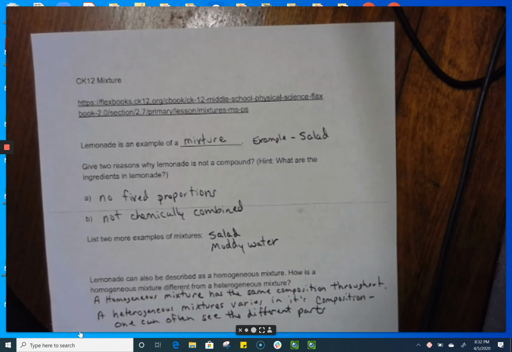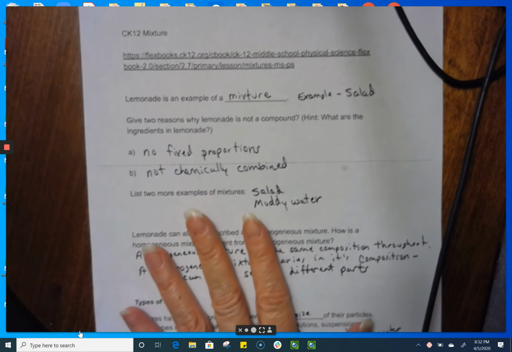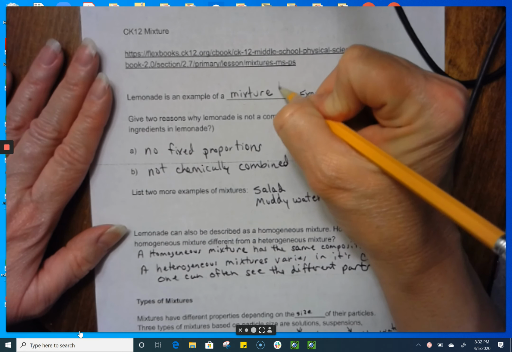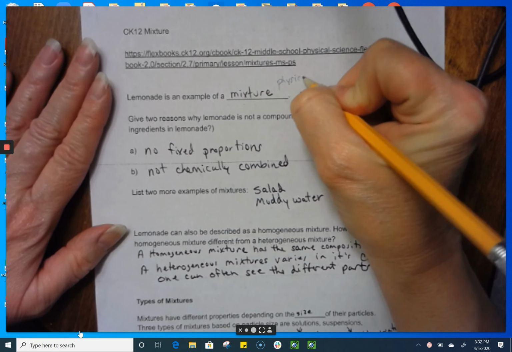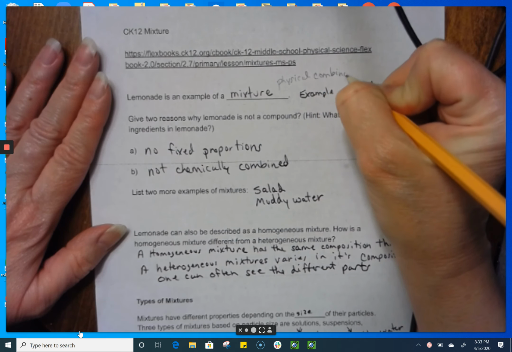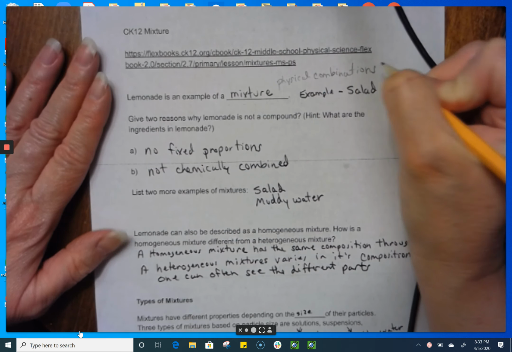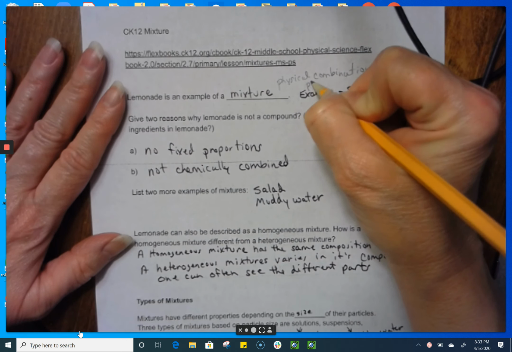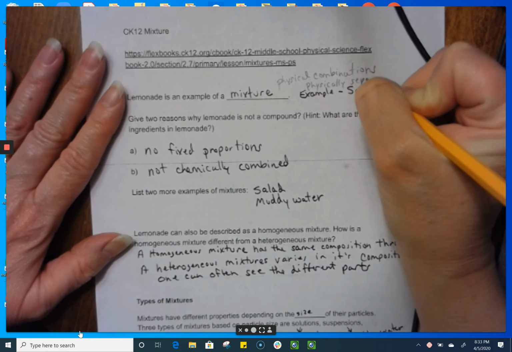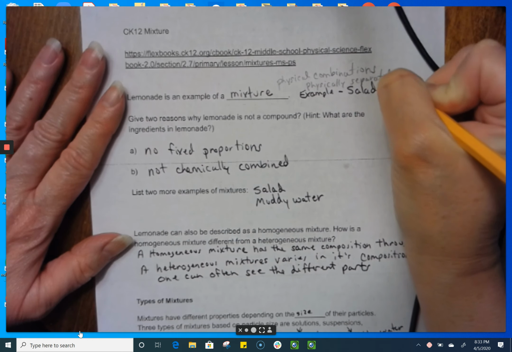Okay. And then mixtures. You need to know that mixtures are pretty much physical combinations. And because they are physical combinations, they can be physically separated.